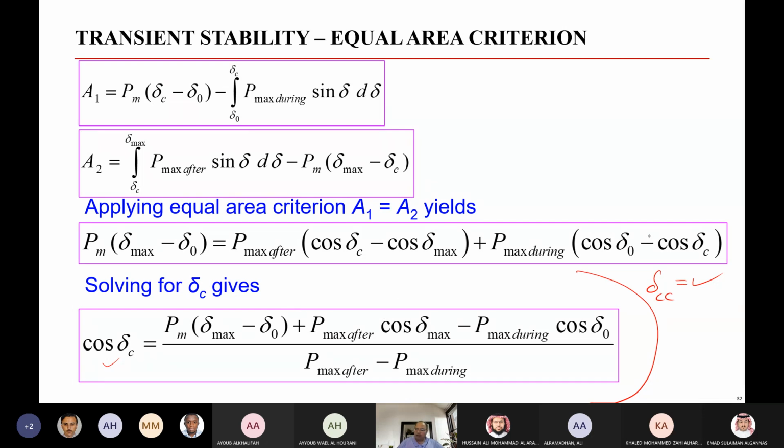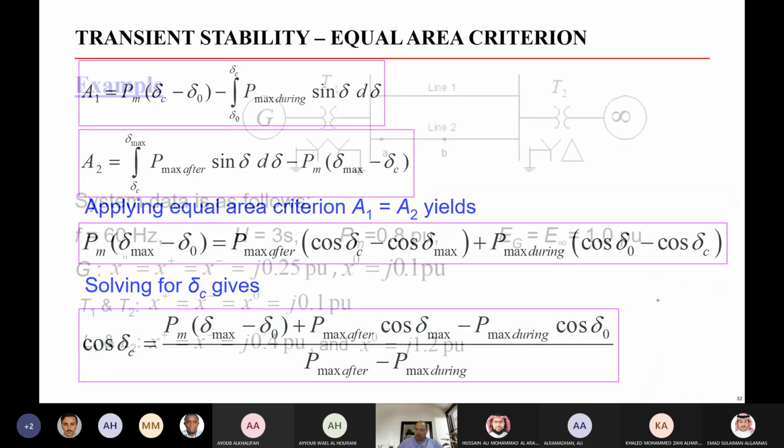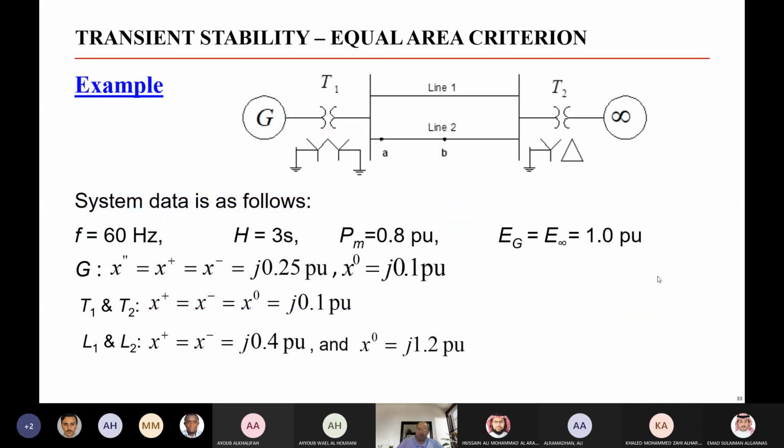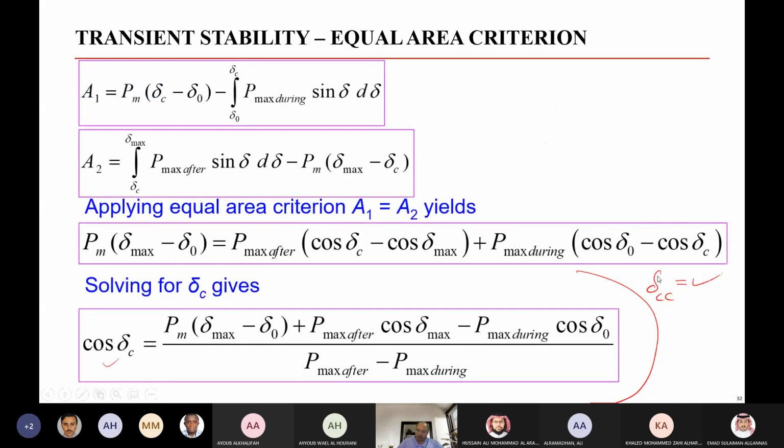So for this, you calculate here delta CC, critical clearing time angle. Can you calculate now the critical clearing time?